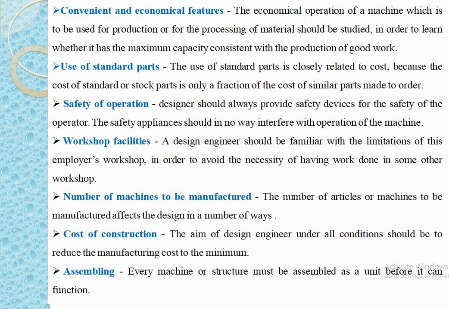At that time, any moving part of the machine which is within the zone of a worker is considered an accidental hazard and may be the cause of an injury. So it is necessary that the design engineer take into consideration that there should not be any kind of accident caused by the operation of a machine component. That's why while designing a machine, the design engineer should take into account the safety of the operator.